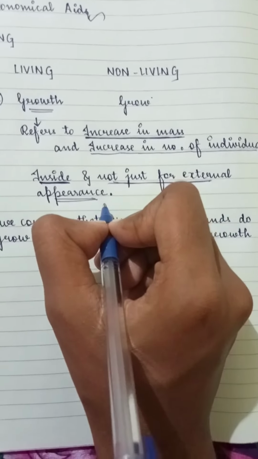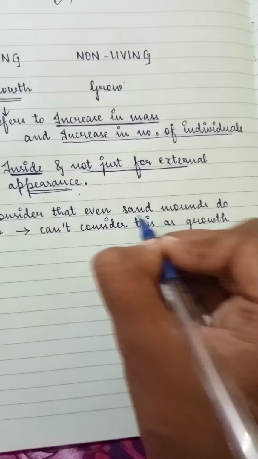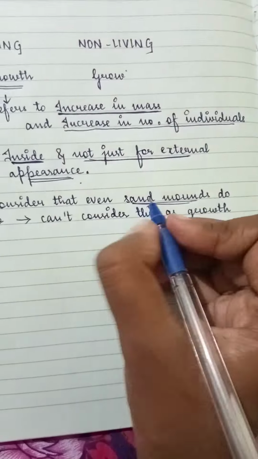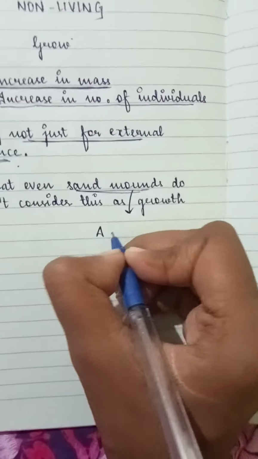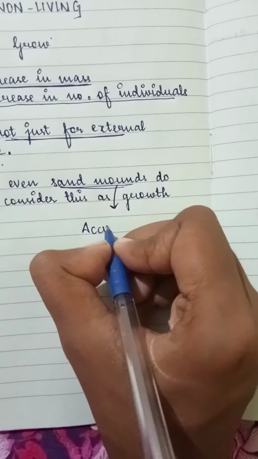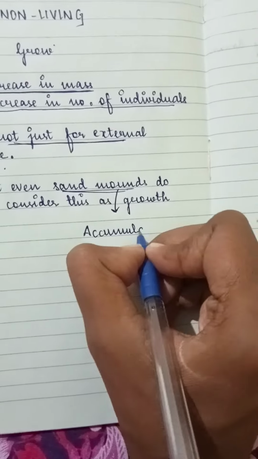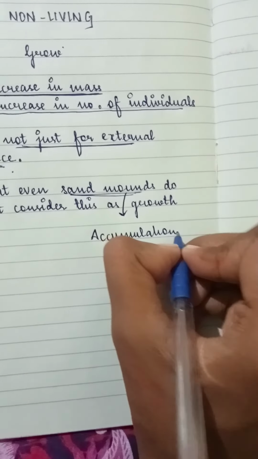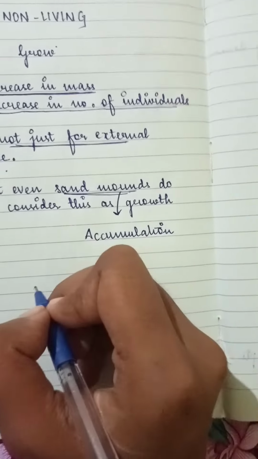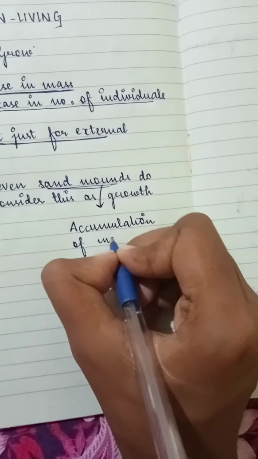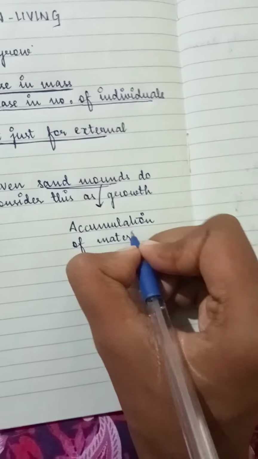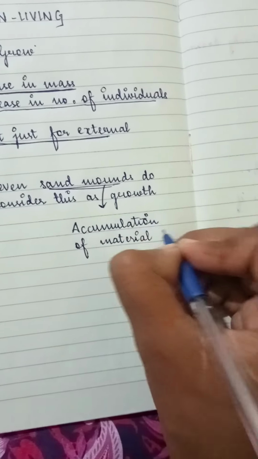And the other thing is, here sand mounds are getting accumulated. There is accumulation of particles, accumulation of material on the earth's surface.